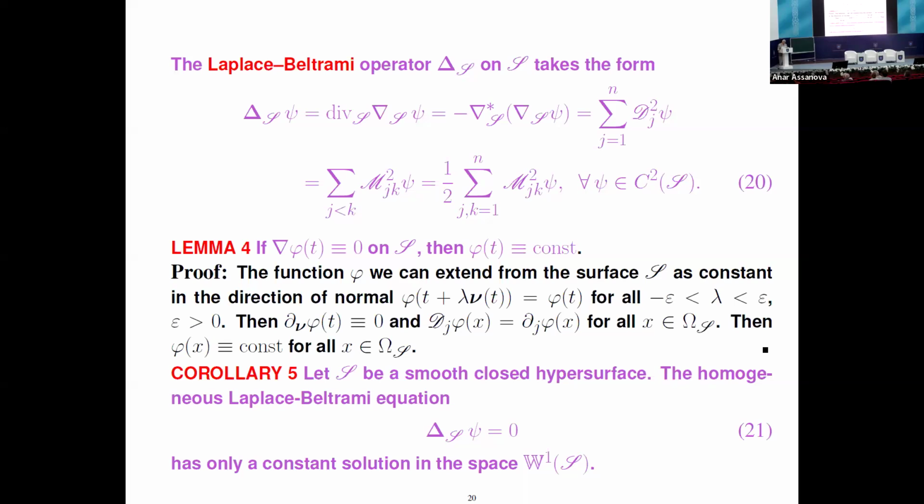It is the same on the surface. And it is proved easily because if you have a function on the surface, you can extend it in the direction of the normal as constants. You will get a function whose Günther's derivatives coincide with the coordinate derivatives. And then you can derive this property quite easily. But it's important to know that if all Günther's derivatives are 0, the function is constant.